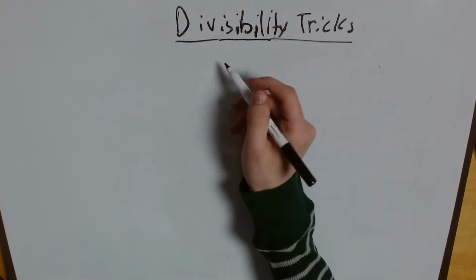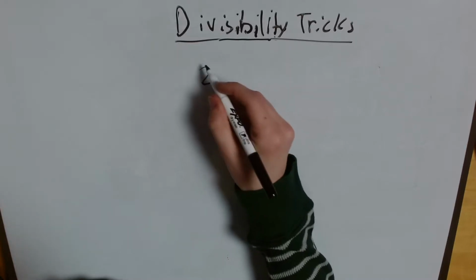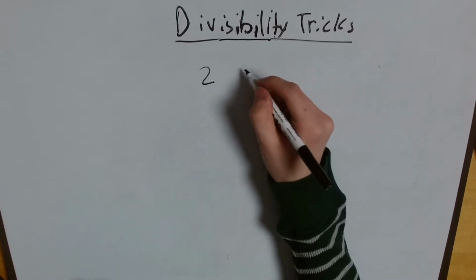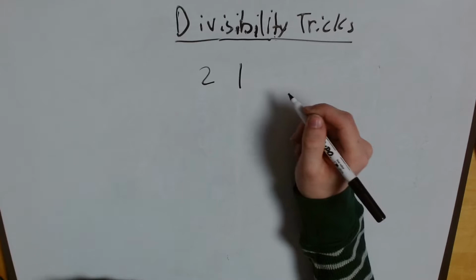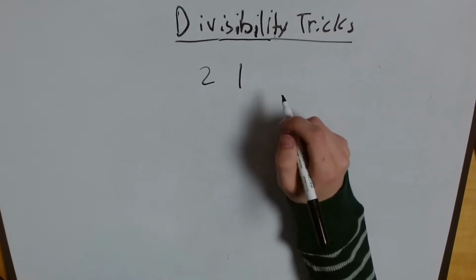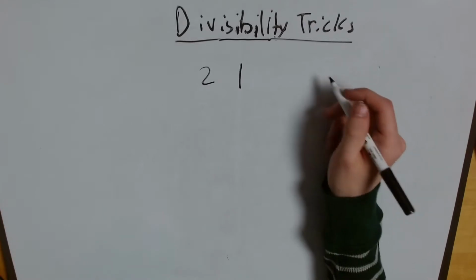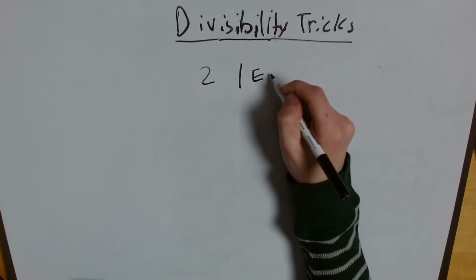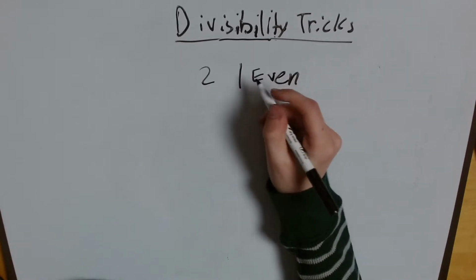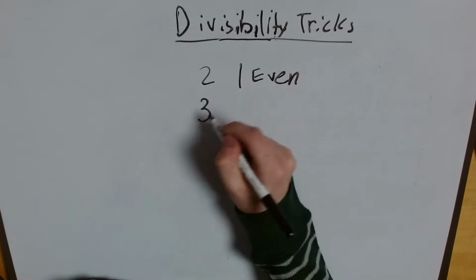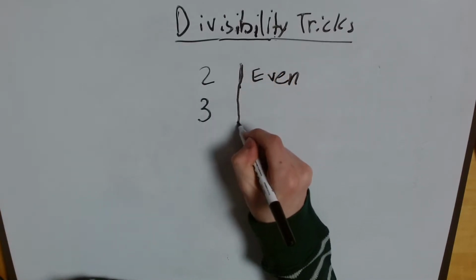So let's start just with 2, right? This one might seem kind of obvious, but if a number is even, meaning its last digit is 0, 2, 4, 6, or 8, it is divisible by 2, right? So just even. Now 3 is a little interesting.